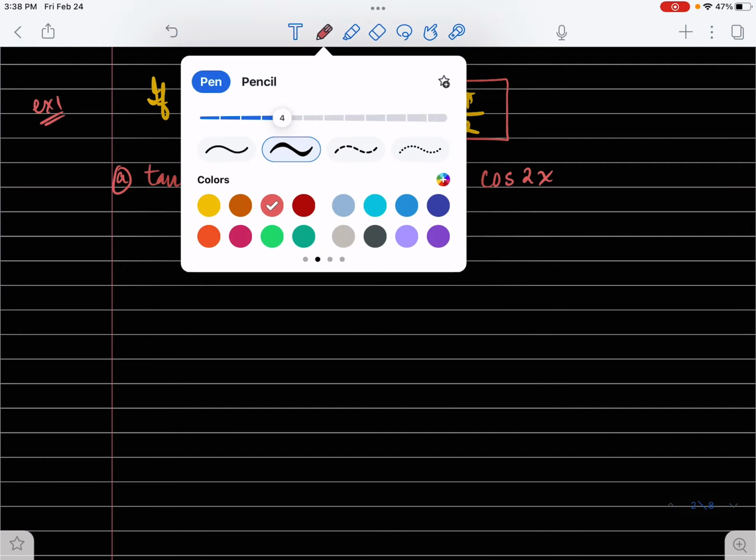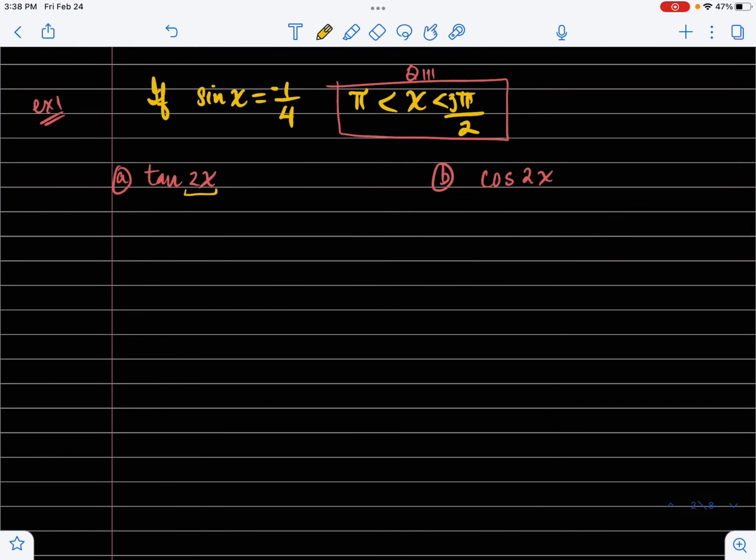Now, when I look at the first problem, please identify this is a double angle, twice of the angle. Hence, we have a formula for that: 2 tangent x over 1 minus tangent squared of that value. So if I were to use that formula, I need the tangent x value in these parentheses, 1 minus tangent x value in these parentheses, and don't forget to square because that's what the formula says.